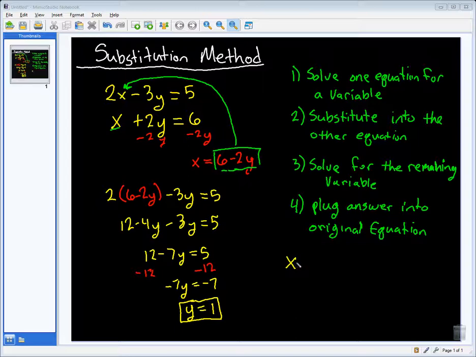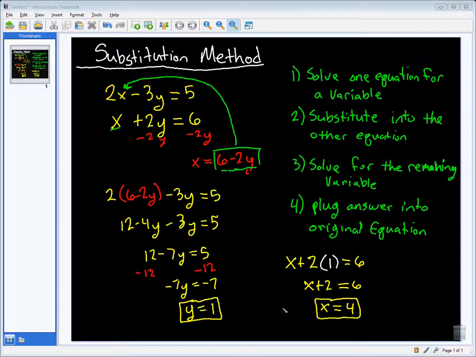I would have x plus 2 being multiplied to my 1, the answer that I just got, and that equals 6. So I've got x plus 2 is equal to 6, and I subtract 2 from both sides, and I get that x equals 4.